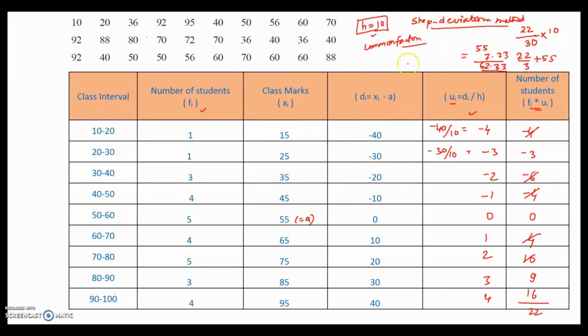Okay, so it extends the assumed mean method a little bit further by assuming a variable h, which is the common factor among the various di's that you could see. You could see that 10 is a common factor.